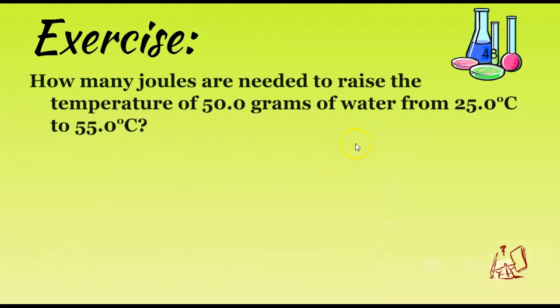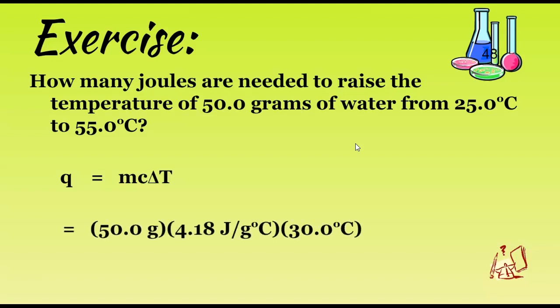All right, so here's an exercise. How many joules are needed to raise the temperature of 50 grams of water from 25 degrees Celsius to 55 degrees Celsius? All right, so we got to start plugging in the numbers to this formula, again found on Table T. So m is your mass.